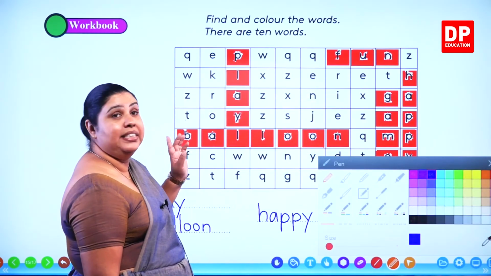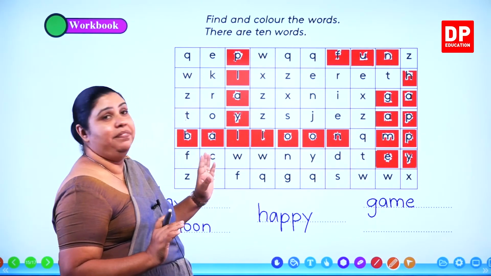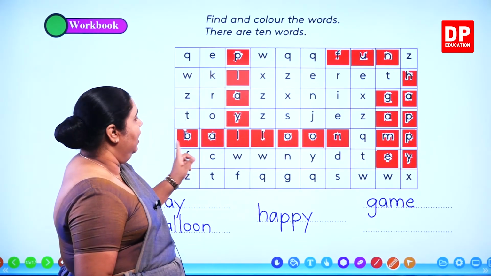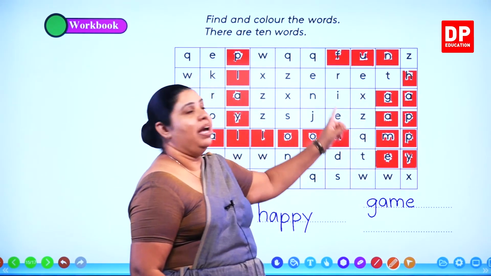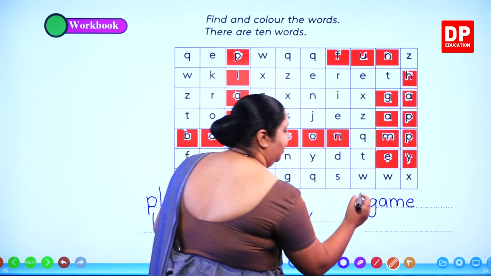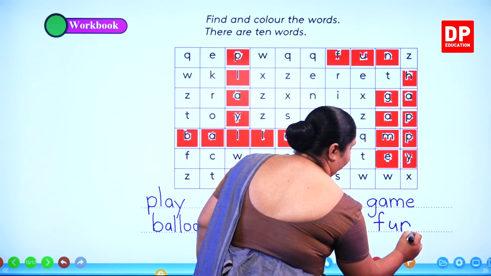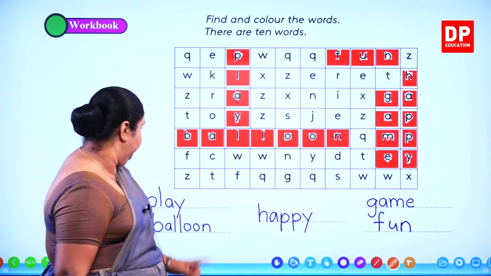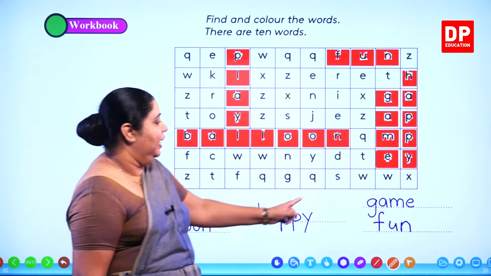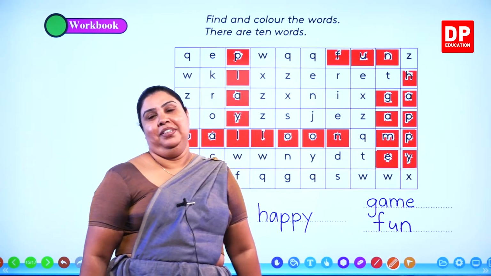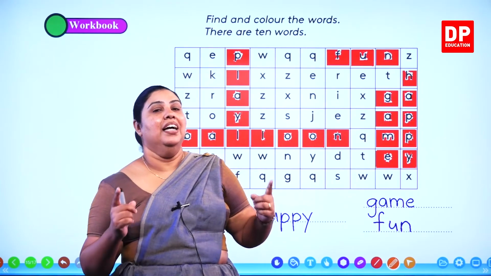We have to find 10 words, and out of the 10 words, we have first found 5 words, that is play, balloon, happy, game, and our last word is fun. F-U-N, fun. We have play, balloon, happy, game, and fun. So now let's move on to our next set of words in our next slide.